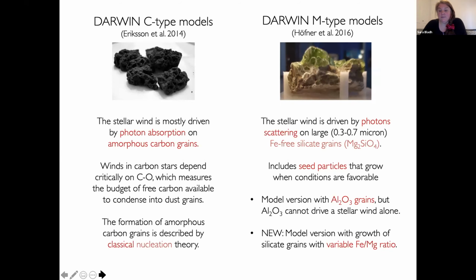Then there also exists a version that includes alumina grains. They form where alumina forms the core of the dust, and then Mg2SiO4 condenses as a mantle on top of this.